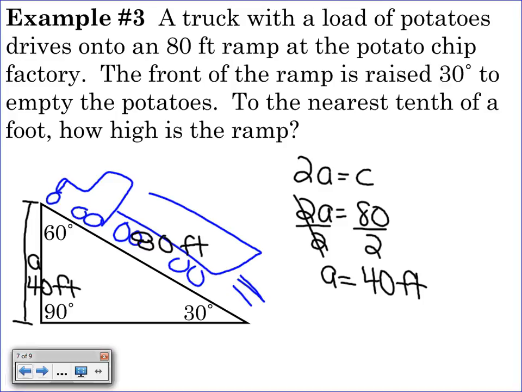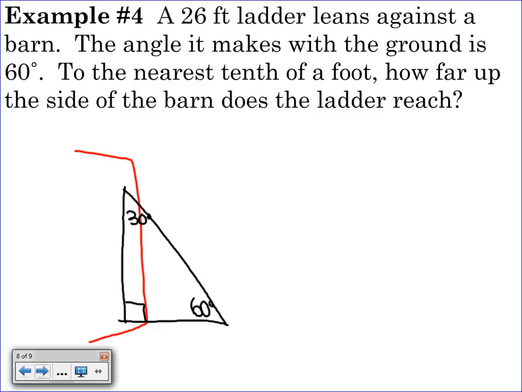So starting from the short leg, we went A, B, C around. This one's a little bit different. 30 degrees. So that means now that the ground is A. The height from the ground to the top of the ladder is B. And our ladder is still C. Ladder is still our hypotenuse.